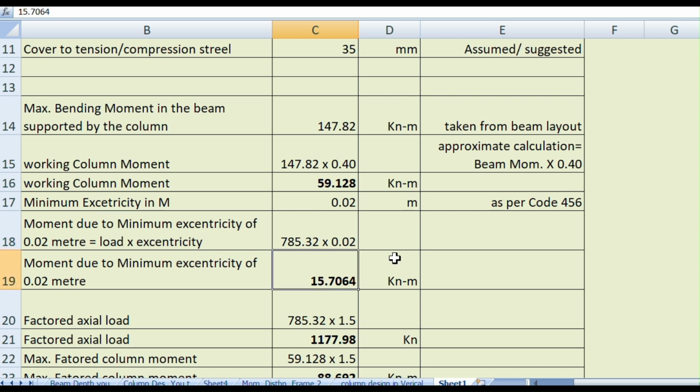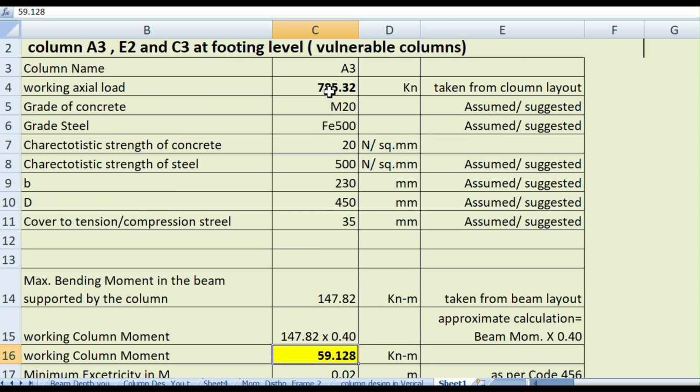The value comes as 15.7 kilonewton meter. Between these two, the previous calculation comes as 59 something, and due to minimum eccentricity it is 15.7. We take the maximum, so take this as the applicable column moment. This is the column moment, and this one is the axial load.